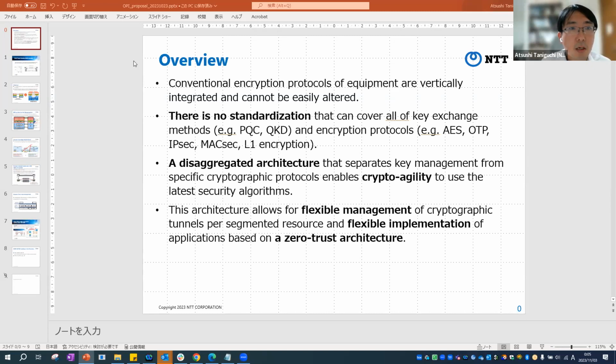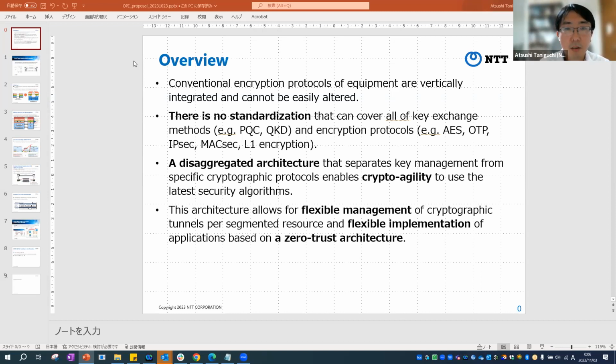So this is an overview. Conventional encryption protocols of equipment are vertically integrated and cannot easily be altered. For example, IPsec or MACsec are protocols whose functions are integrated in the operating system, so it is not easy to add to them.